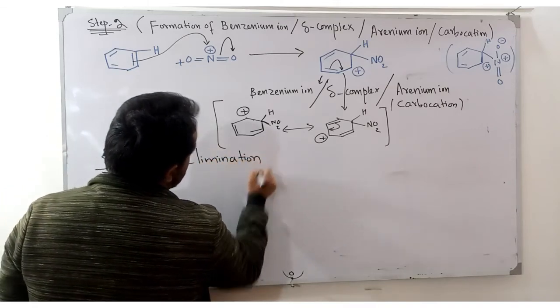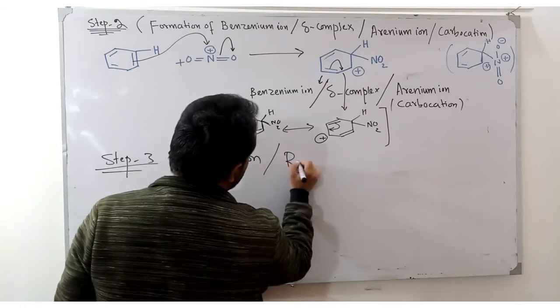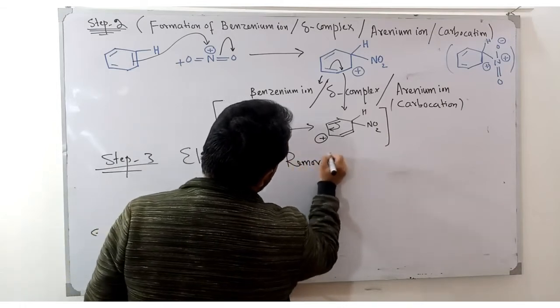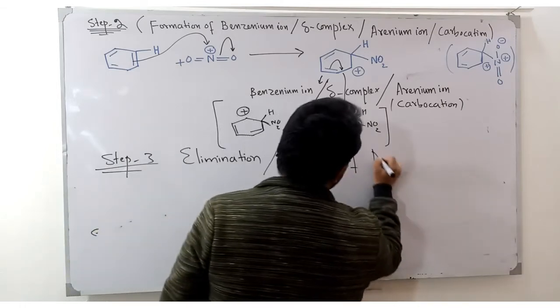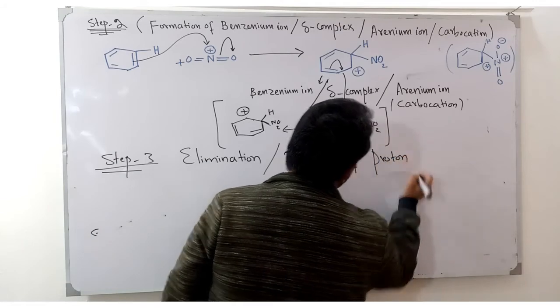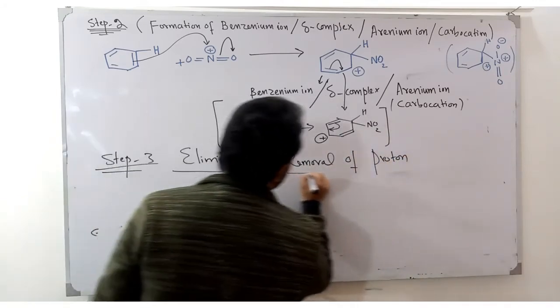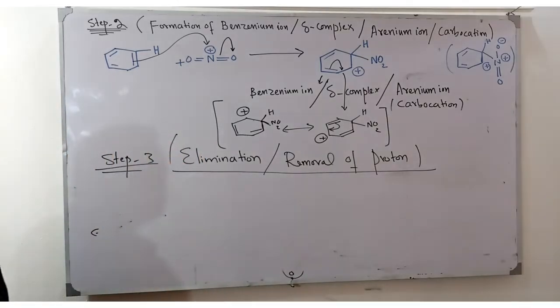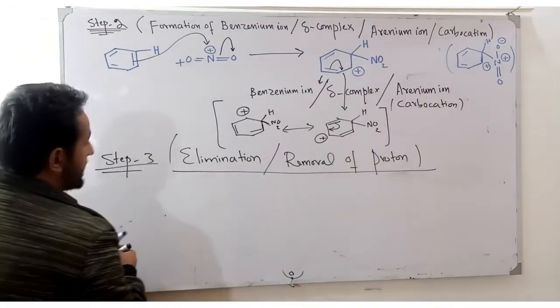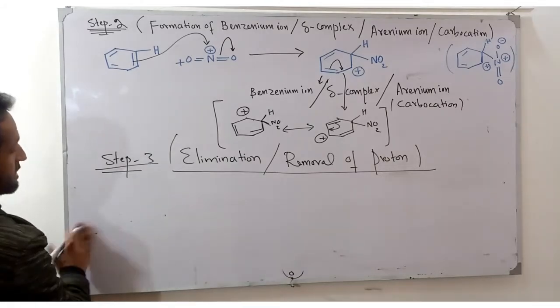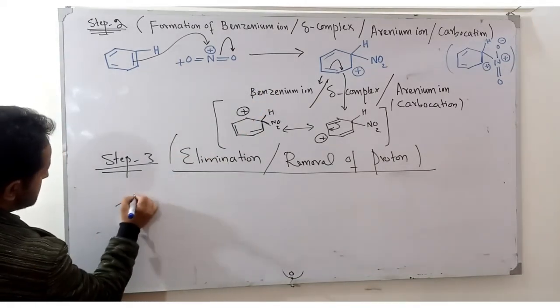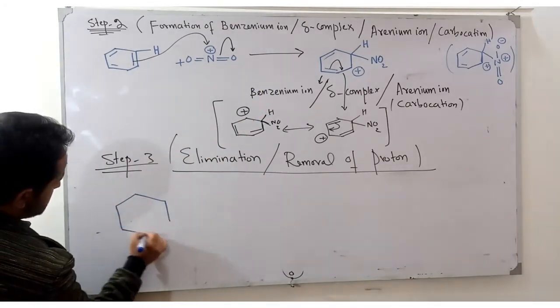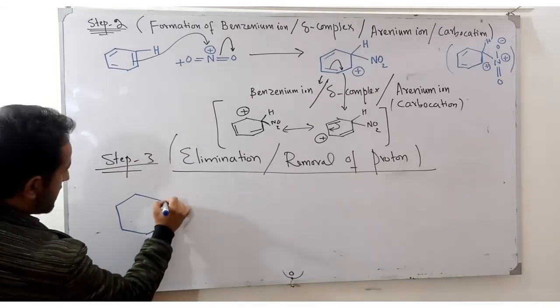Elimination means removal of proton. In step number 3, a proton will be eliminated. How will the proton be eliminated? Look at this sigma complex. Look at this sigma complex.